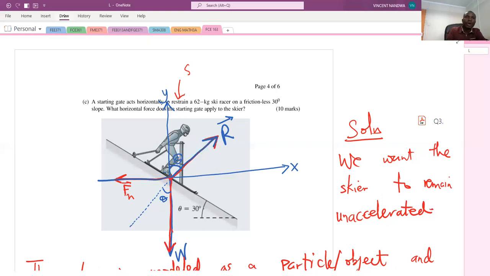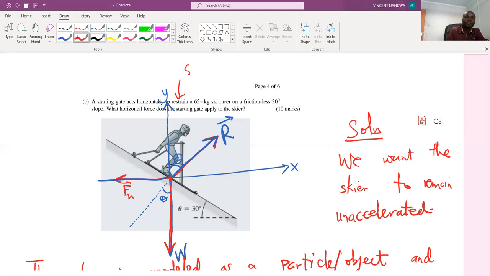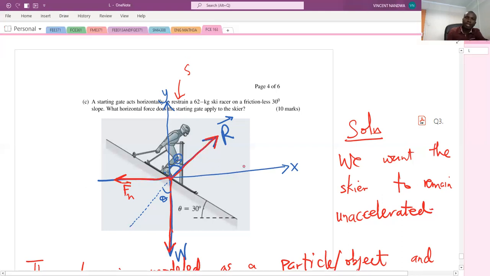So now we'll draw a right angle triangle. You see this is the horizontal axis, the x-axis. So I'll draw another line joining this normal reaction vector to form a right angle triangle that can help me to resolve these forces.